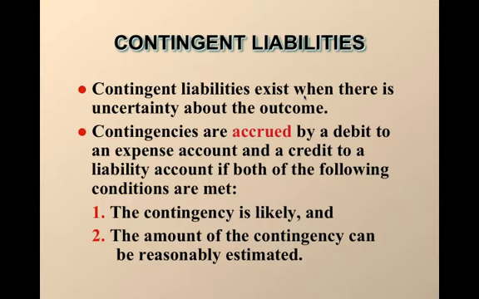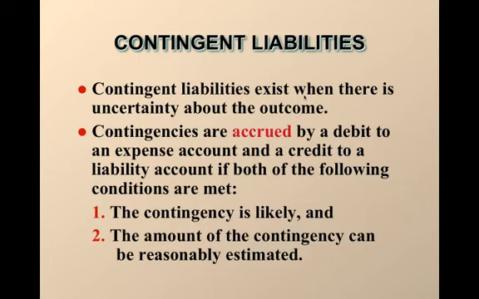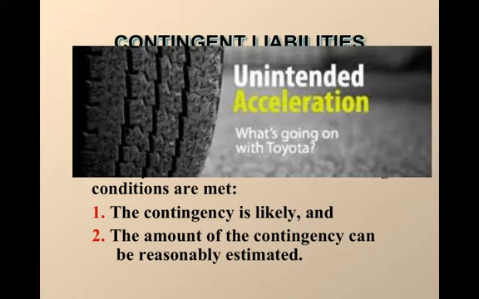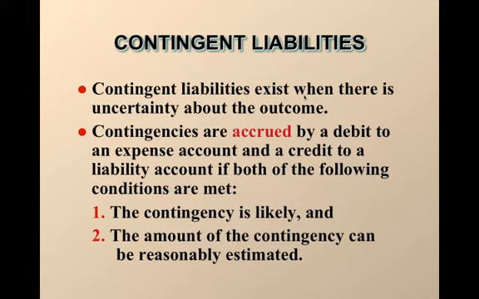So let's talk about some examples here. An example of a contingent liability would be a lawsuit. Companies get sued sometimes, unfortunately. Think about Toyota when they were having the trouble with the cars accelerating, and I'm sure people got hurt and people are suing the company now. So Toyota has a situation where they think they may have a liability, which means they may have to pay people money. But they don't know whether or not they're going to win the lawsuit.